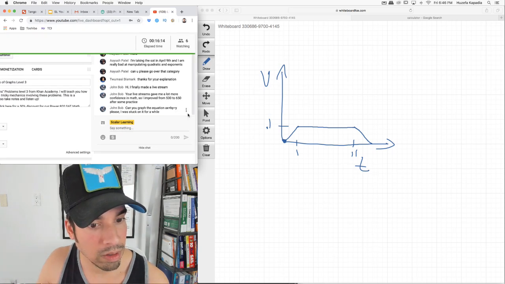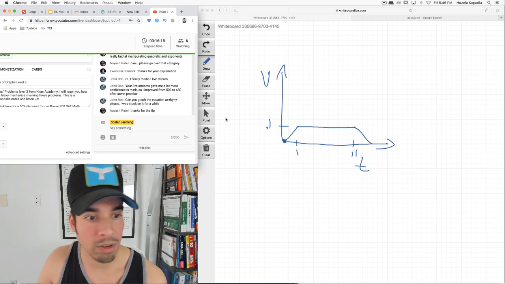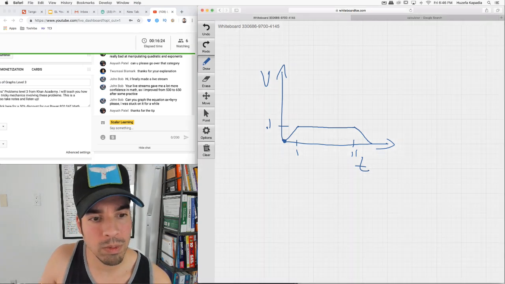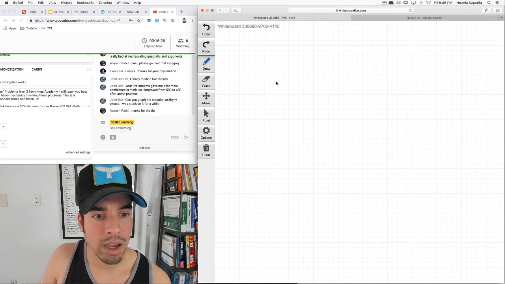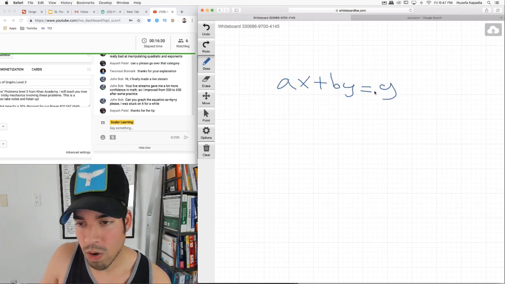Can you graph the equation? Yeah, you're welcome, Ayush. Wait, graph the equation ax plus by equals y. Can you give me more info? Ax plus by equals y.